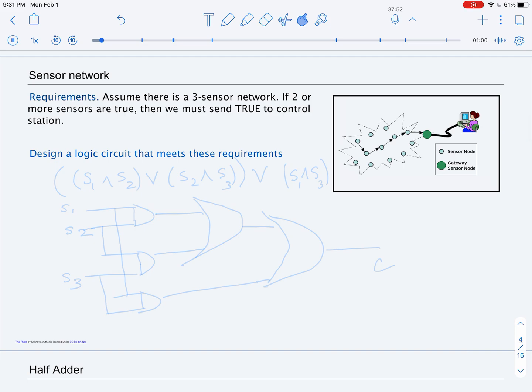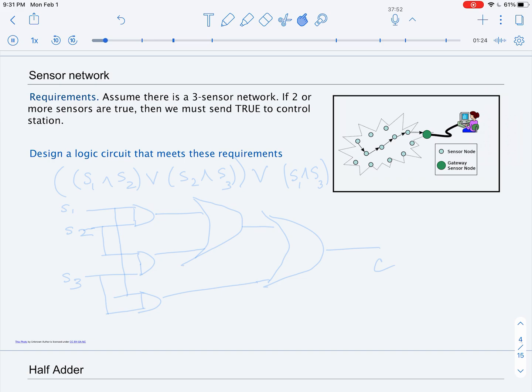Suppose we have a sensor network, and in this sensor network we have 3 sensors, and we want the network to send true to a control station if at least 2 of the sensors are set to true or sending true signals.